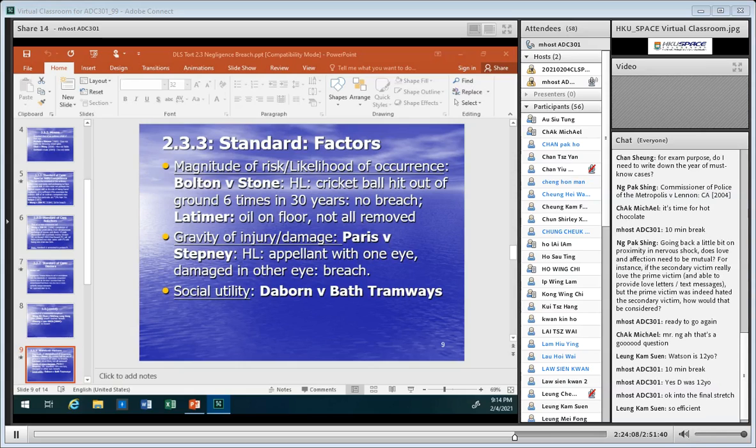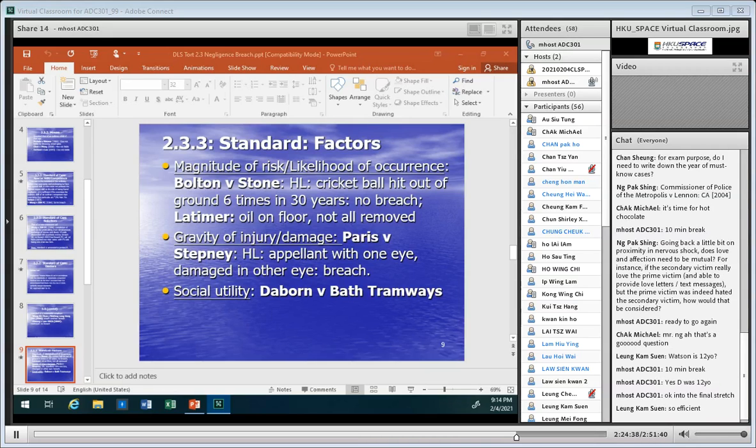Also, Paris and Stepney is an interesting one because this looked at the gravity of the injury. It was an employee who only had one eye. Now everybody, if you've got 2 eyes and you lose one eye, well, that's pretty bad, but not absolutely catastrophic. But if you only have one good eye and you get damaged in that eye, well, bingo, you are in a lot of trouble.